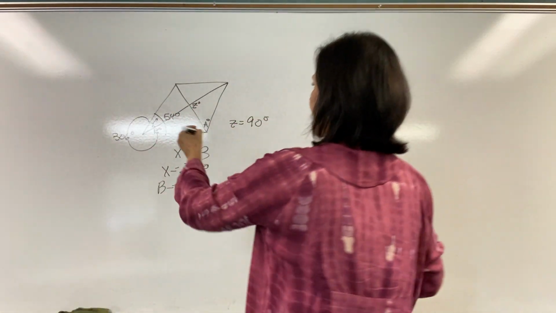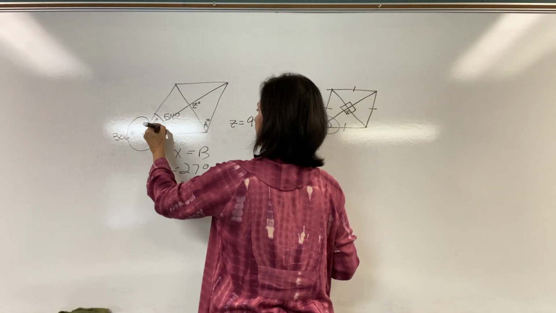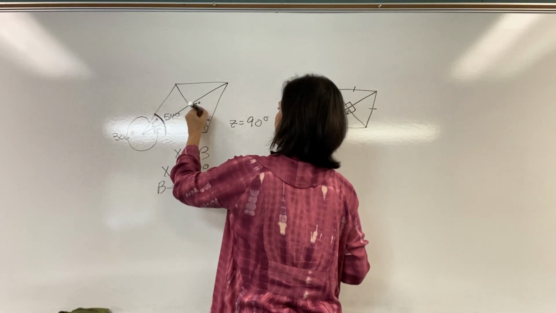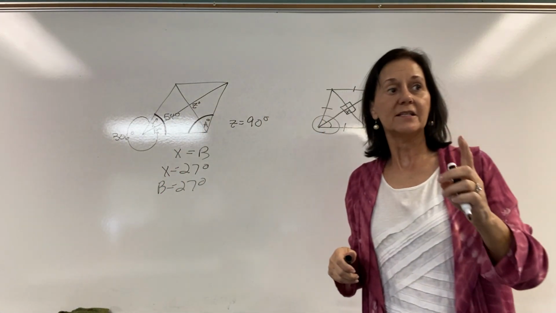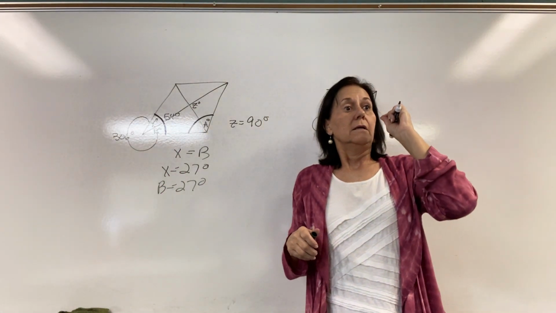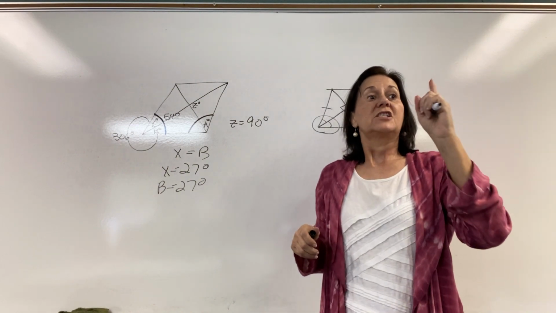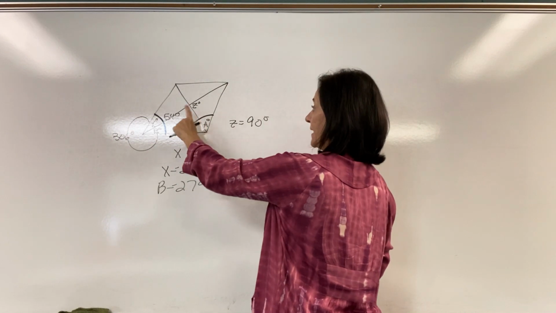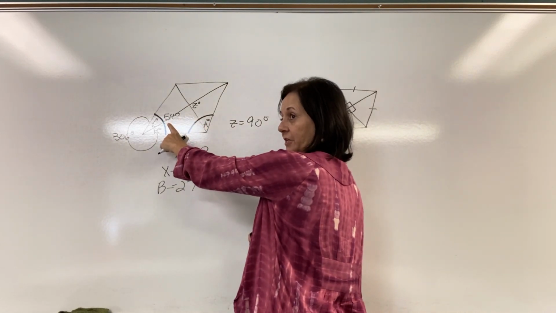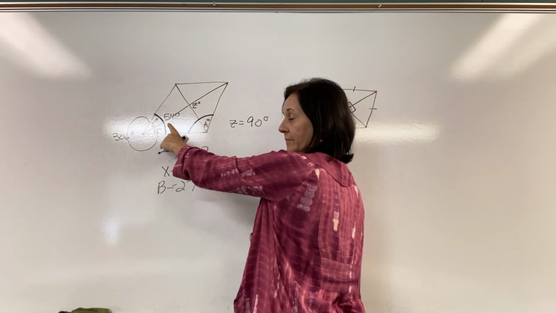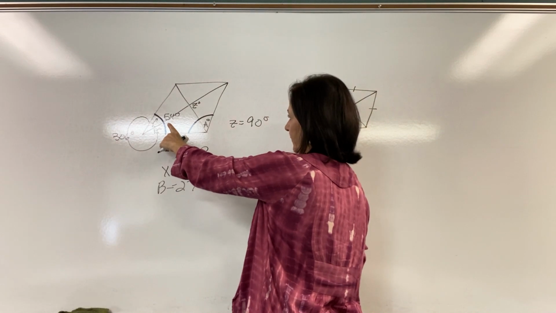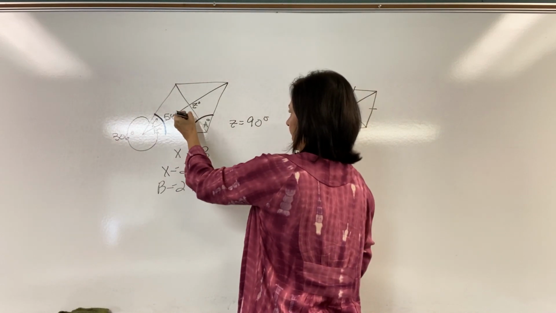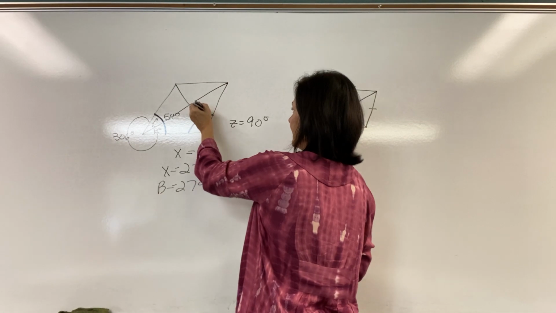Okay, if this angle is 54, then what is this angle? They're adjacent, so they are supplementary. So it's going to be 180 minus 54, which is 126.